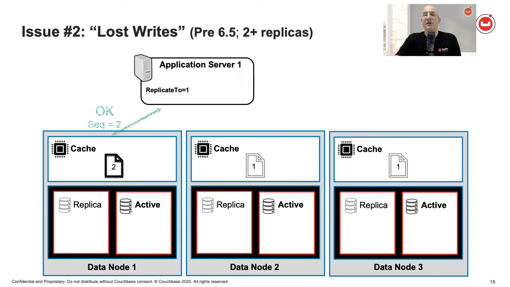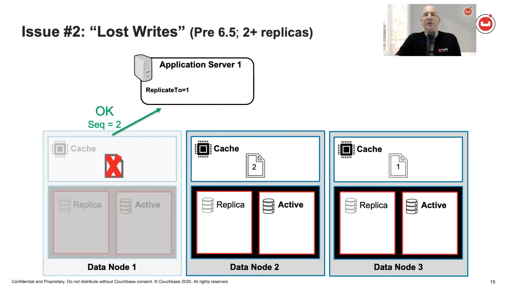The application server gets an OK from node 1. The document gets replicated to node 2. The application polls node 2 and gets an OK that the change was made. Now, node 1 needs to replicate the document to node 3, right? We've got 2 replicas. But then node 1 crashes before that happens.